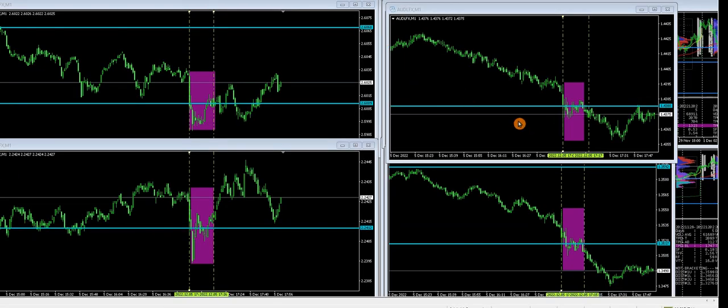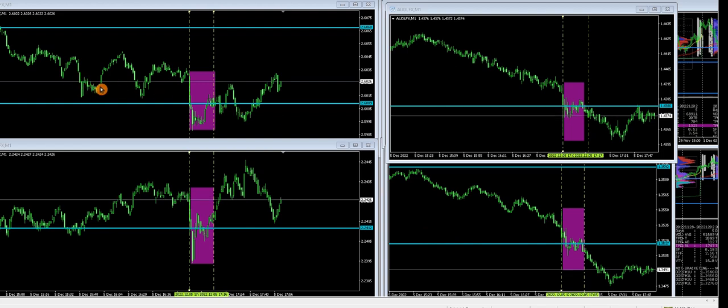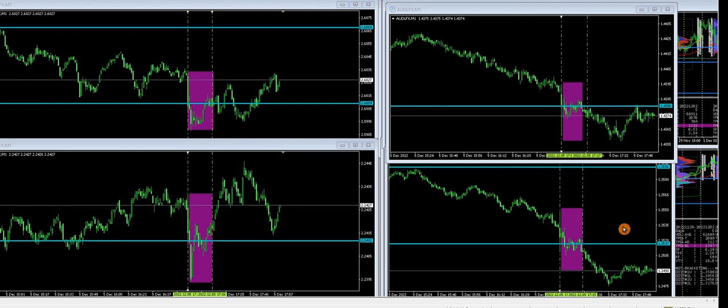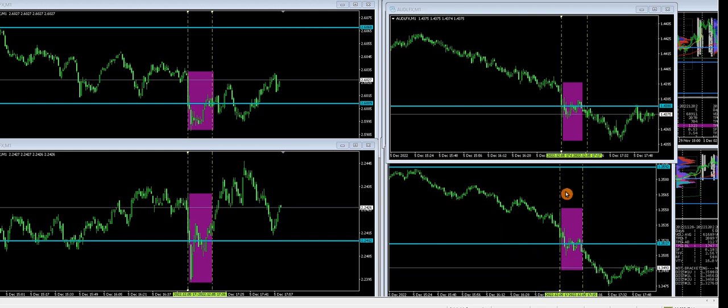So with pound above the level, euro above the level, dollar at the level, it's telling me we may have some sort of chop coming. So with that said, what will we do about that?